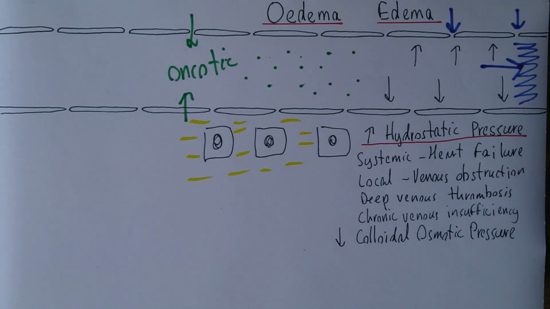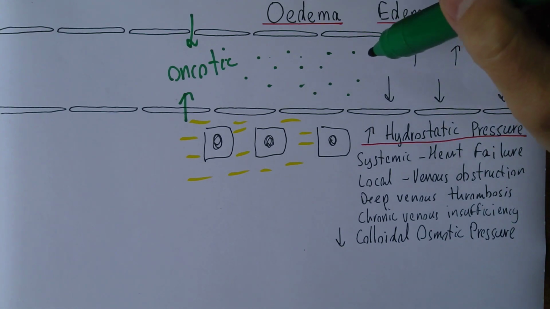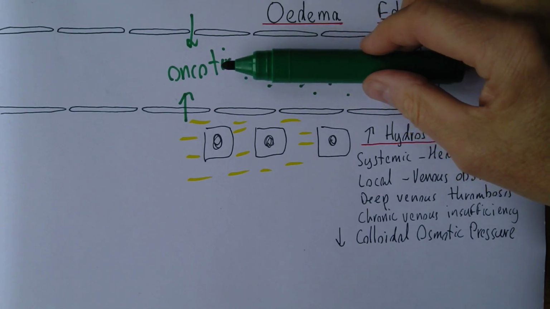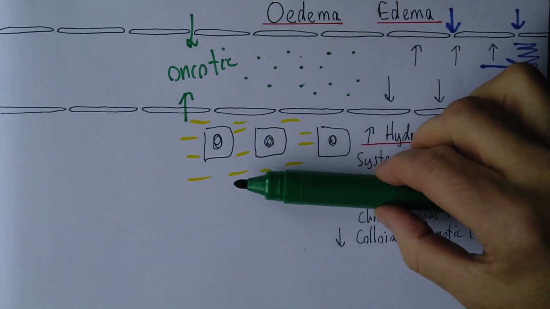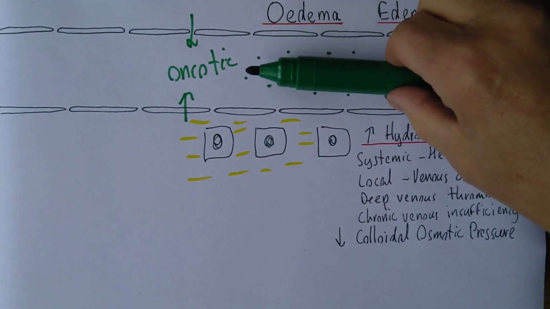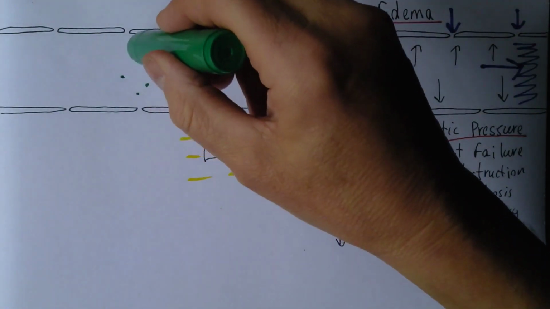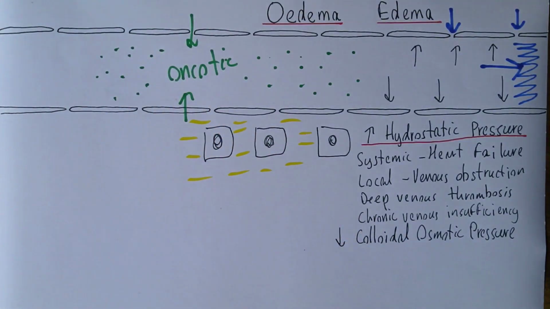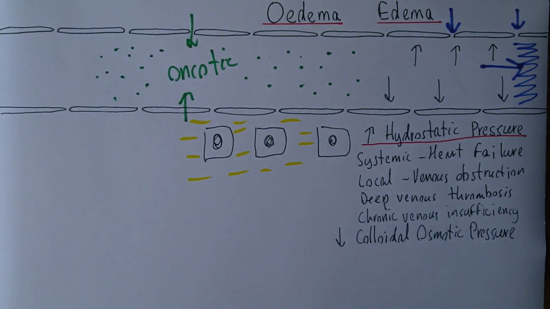So the difference between the osmotic molecules in the intravascular compartment and in the interstitial compartment is that in the intravascular compartment we have more plasma proteins. Albumin is the main one. There's also the globulins, the immune proteins, the fibrinogen. But these are generating this osmotic suction effect.